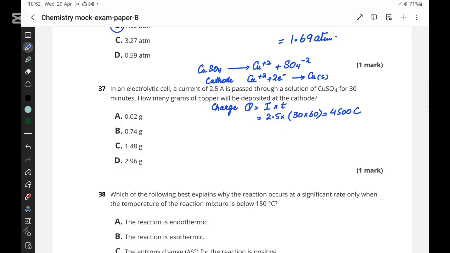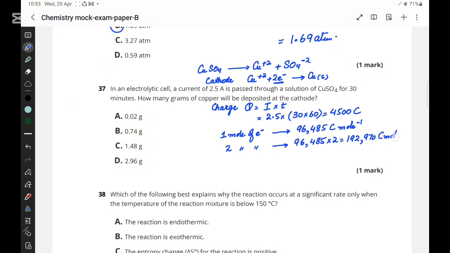For 1 mole of electrons, the charge is going to be 96,485 coulomb per mole, which is Faraday's constant. But we are gaining 2 electrons. Copper 2+ is gaining 2 electrons. So for 2 moles of electrons, it is going to be 96,485 times 2. That comes out to be 192,970 coulomb per mole.